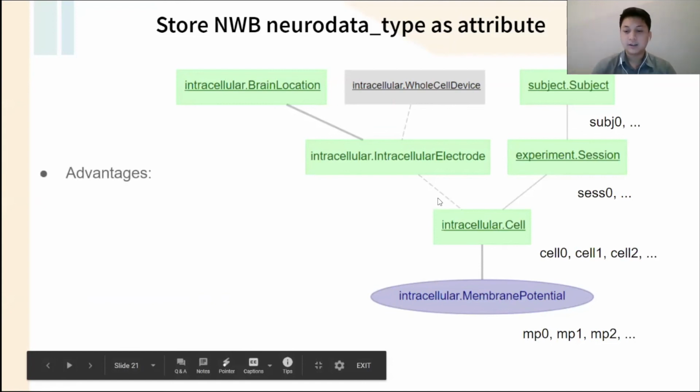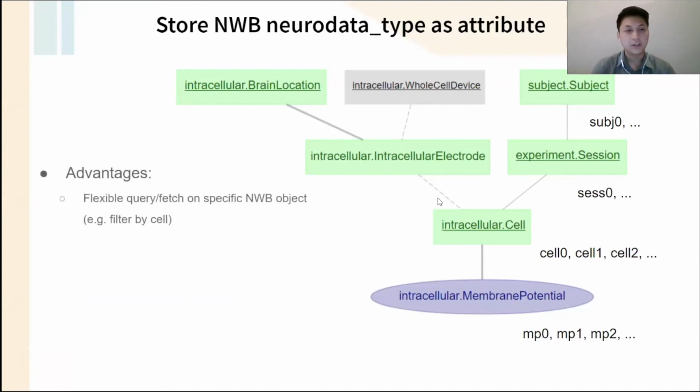This design similarly allows for very flexible query and fetch on specific NWB objects. So in this way, for example, if you're only interested in the electrode, you can fetch the electrodes restricted by some subject, for example.